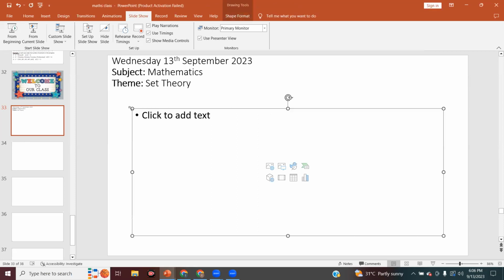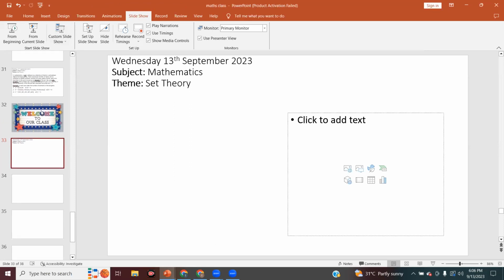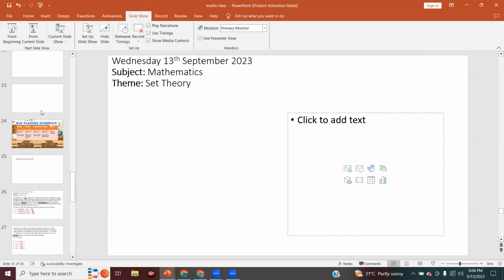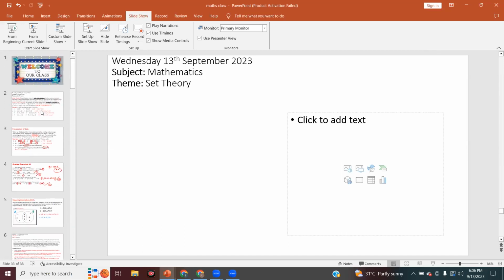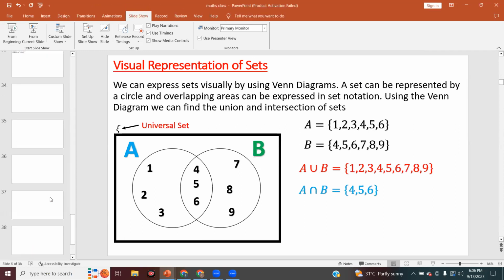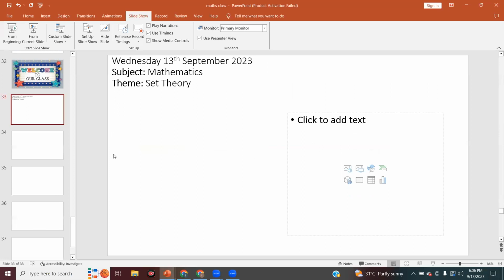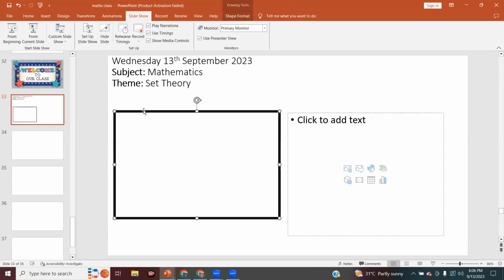I want you to use your ruler. So I get that Venn diagram from yesterday, and I want us to construct this. It's the same Venn diagram we constructed yesterday, but this time we're going to use a different set.